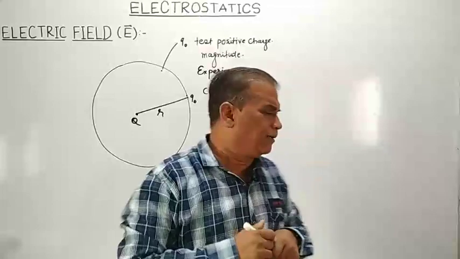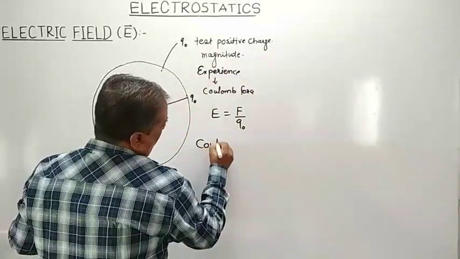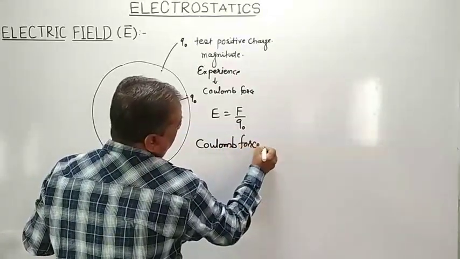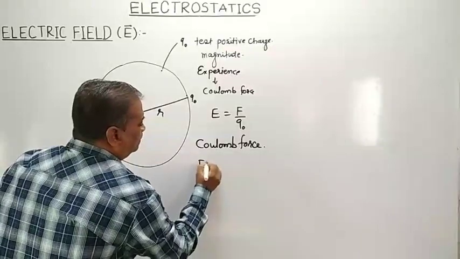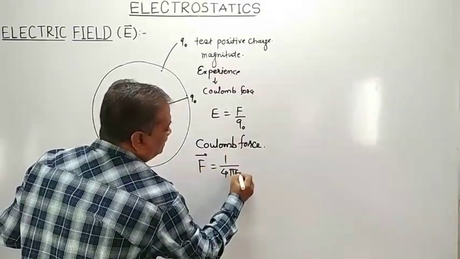Then according to Coulomb's law, what is the Coulomb force? Vector F is equal to 1 upon 4 pi epsilon 0.